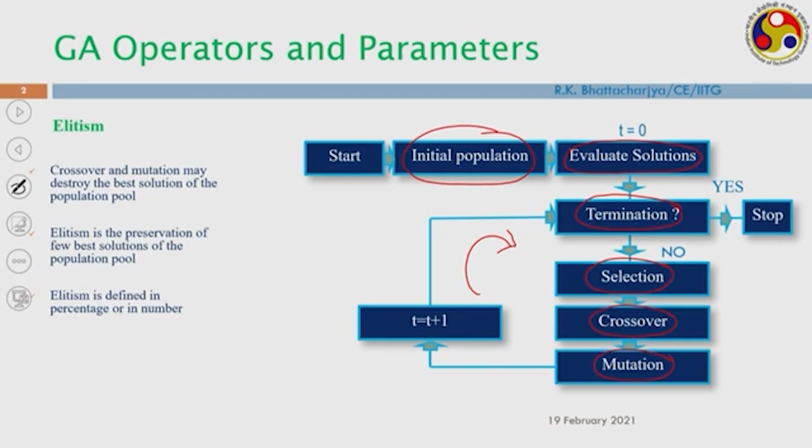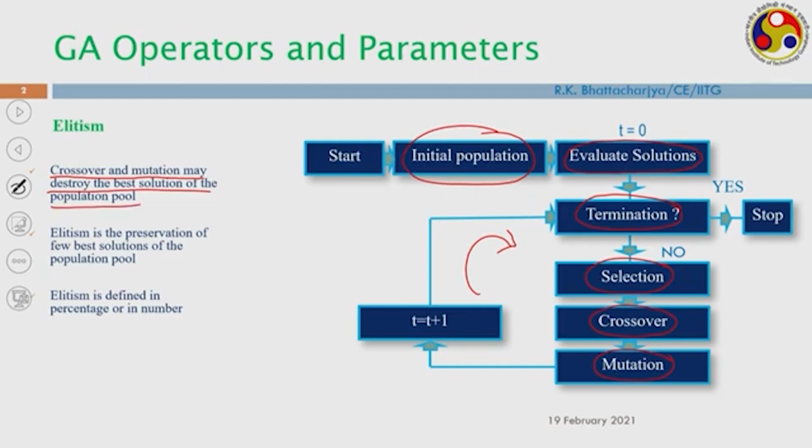So this is the simple genetic algorithm. Now, when you are applying crossover and mutation, what may happen is that some of the solutions, even the best solution or better individuals, may be destroyed. So I have written here that crossover and mutation may destroy the best solution of the population pool.